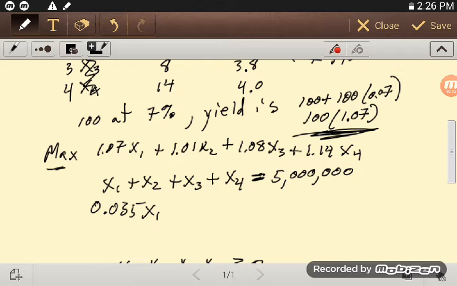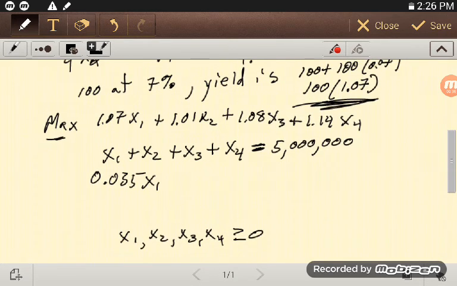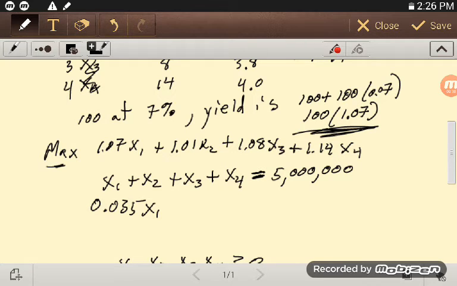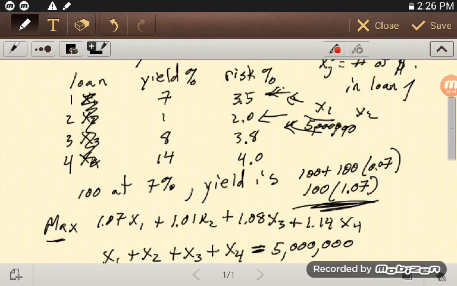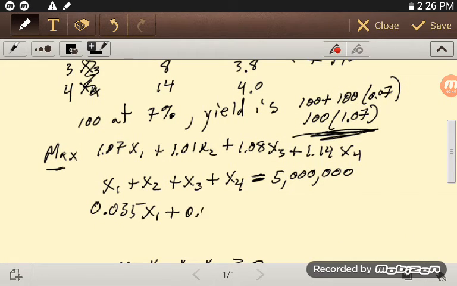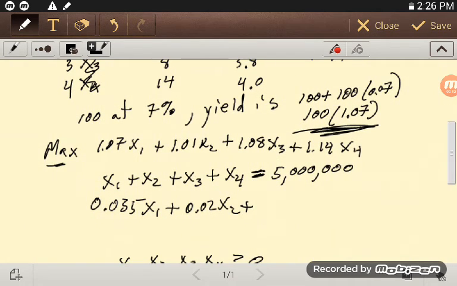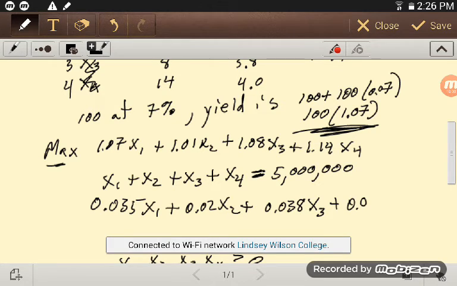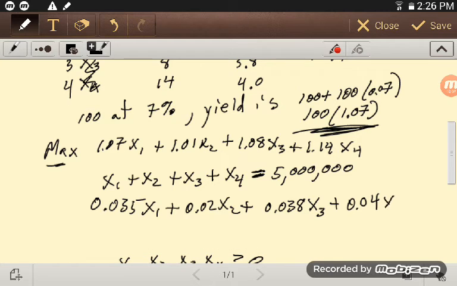Now I'm going to wait and divide at the end here. Plus 2%, so 0.02 x2 plus 3.8%, so 0.038 times x3 plus 0.04 times x4, and then I can divide everything by 5 million.